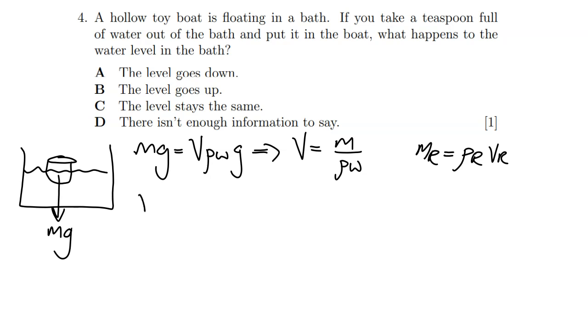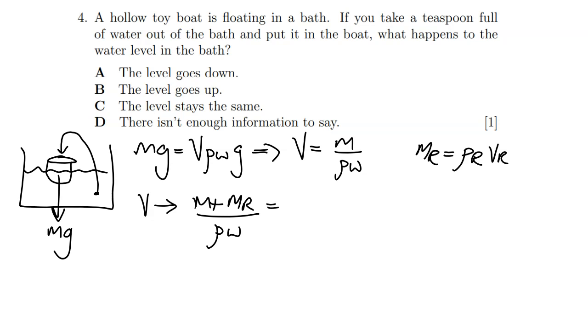And now we want a new expression for the displaced volume. So V goes to basically m plus m rock, because we've taken, say, a rock or something from the bath, any object. This could be a droplet of water as well, so we'll get to that a bit later on. I'm putting that in the boat. So now I've got m plus m rock.